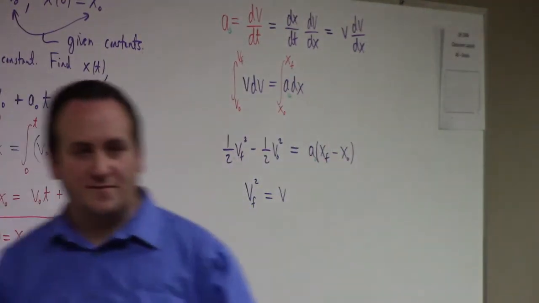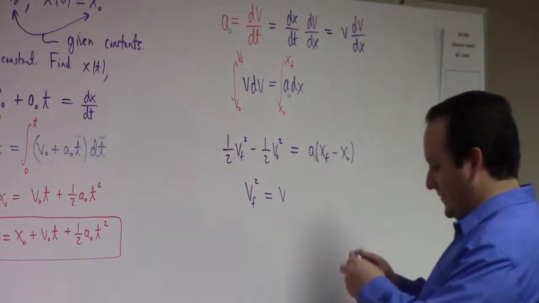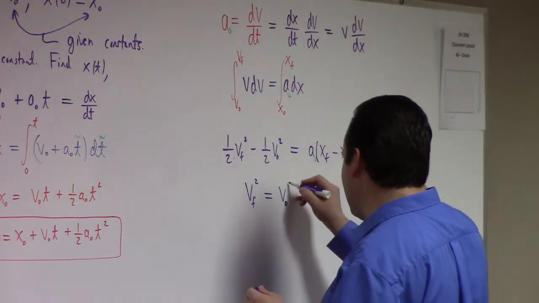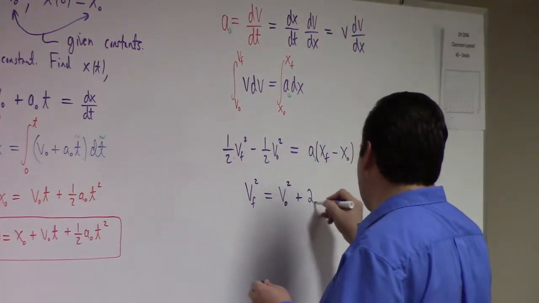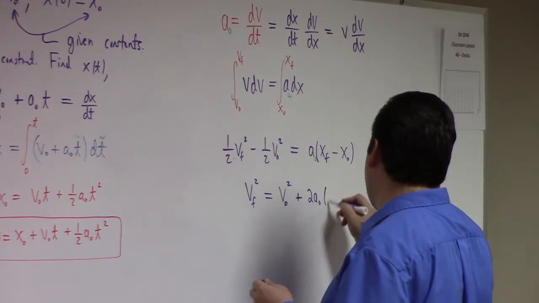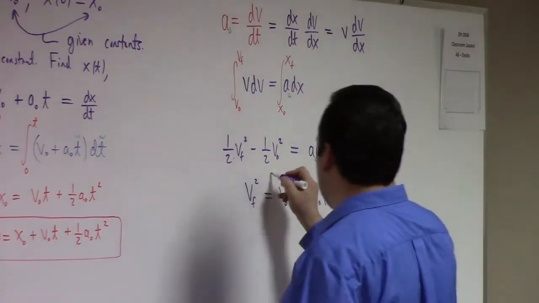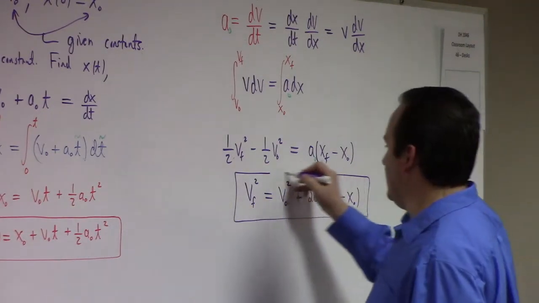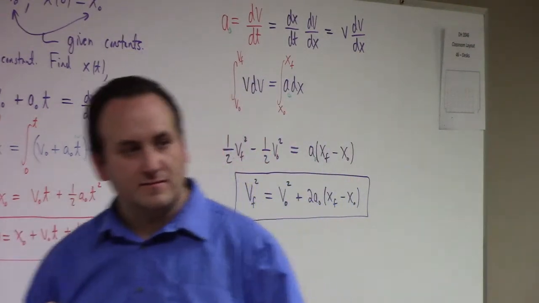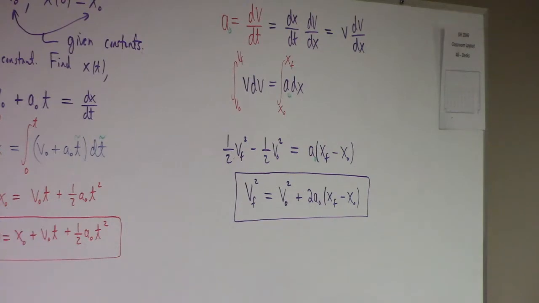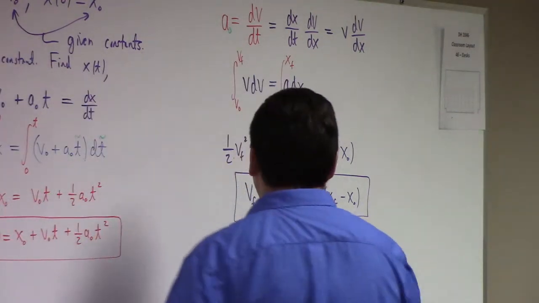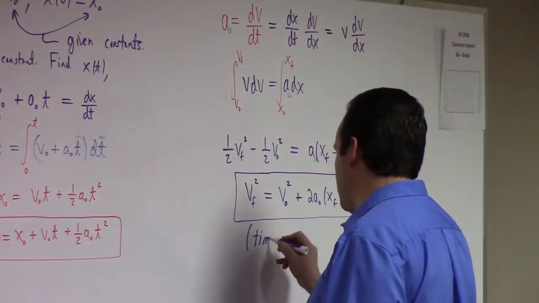I didn't want this to be all for naught. So vf squared equals v naught squared plus 2 a sub naught (xf minus x naught). And there you go. This is an awesome formula. I call this the timeless equation. See why?